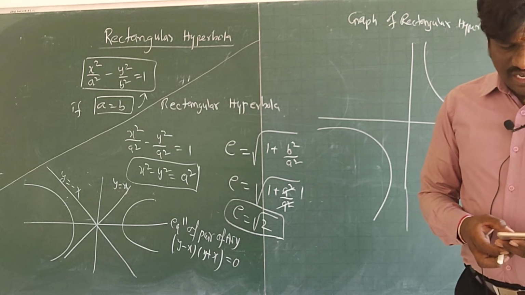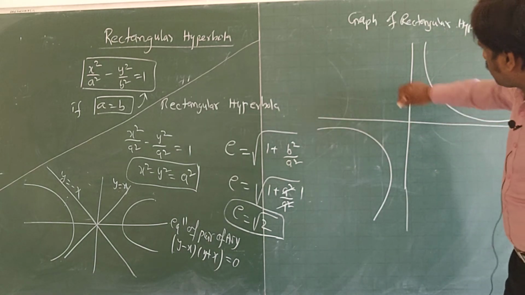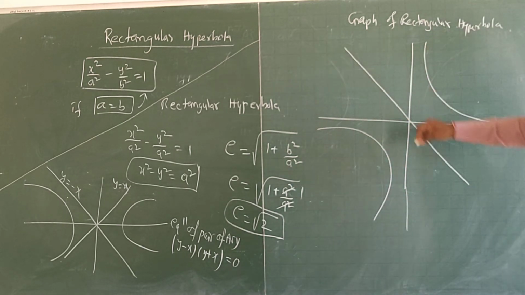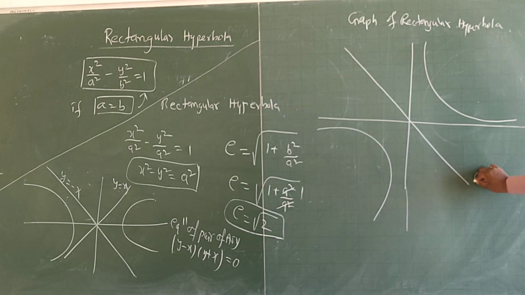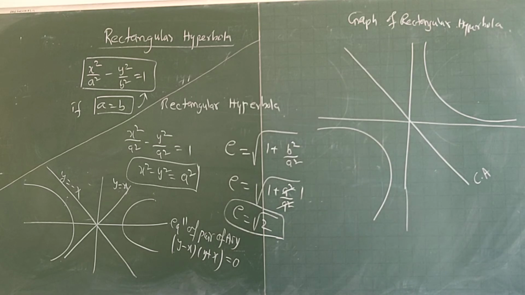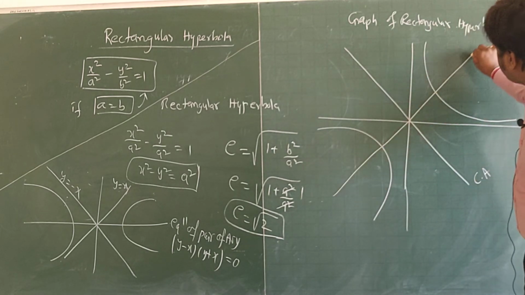The graph of the rectangular hyperbola will be in this shape, and this is called the conjugate axis, and this will be the transversal axis.